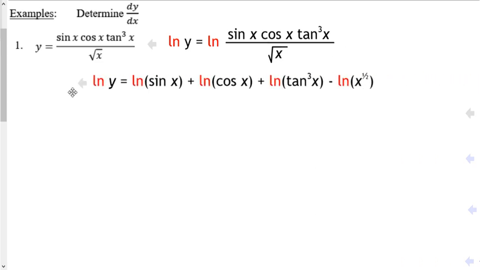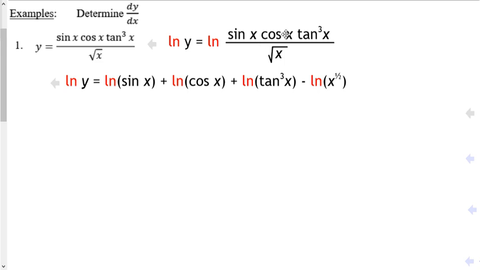So that allows me to take this right-hand function and separate it into all these different logarithms. In the numerator, I had sine x times cos x times tan cubed x. That multiplication turns into addition of logarithms. And then dividing by the square root of x, that division turned into subtraction.